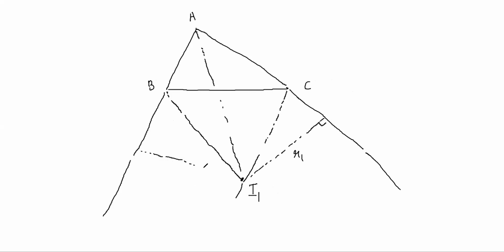Similarly, you can drop a perpendicular here. This perpendicular is called r1. And similarly, you can drop a perpendicular on this side. This distance is also called r1, right? These are the points of tangency. This is where the circle touches.